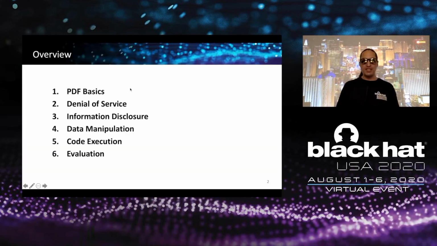Okay, so here's an outline of today's talk. First, I'm going to give you some background information on the PDF document structure and features, so you'll get a better understanding of the attacks to follow.